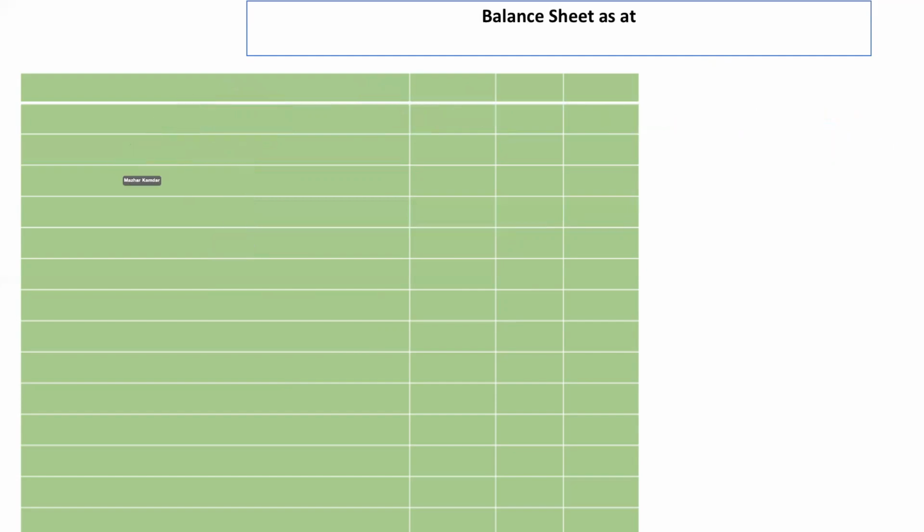Now, we would proceed with the format of our balance sheet. Balance sheet is the statement of financial position which is always given as at a particular date.